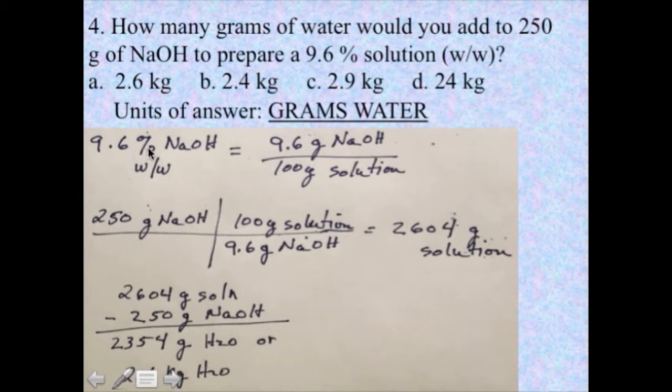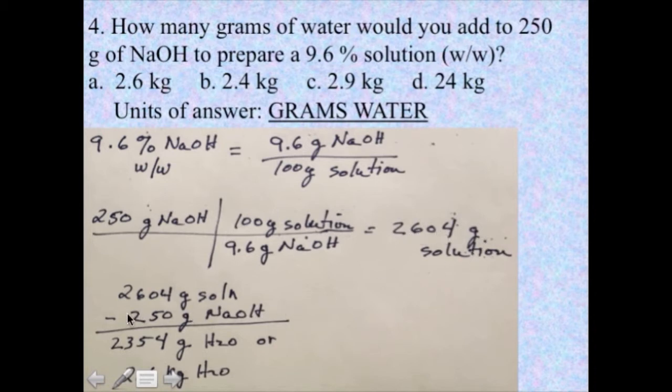Turning 9.6% NaOH into useful units, that's 9.6 grams NaOH per 100 grams of solution. Applying that to the 250 grams we're given of NaOH and arranging it so grams NaOH will cancel with grams NaOH and leave us with grams of solution, we end up inverting the percentage and we get 2,604 grams of solution.